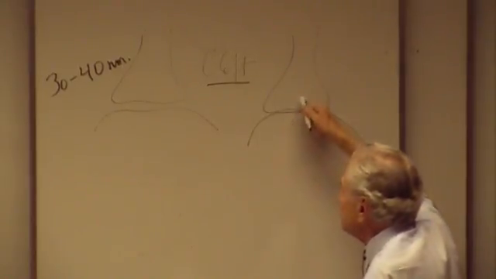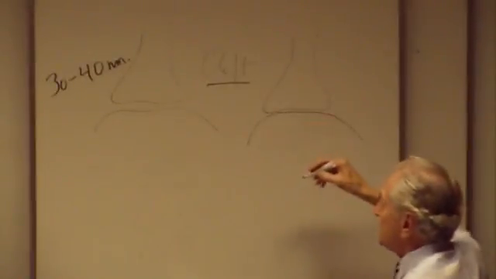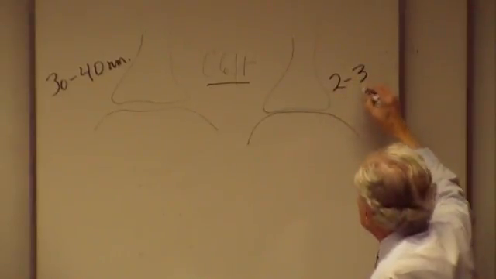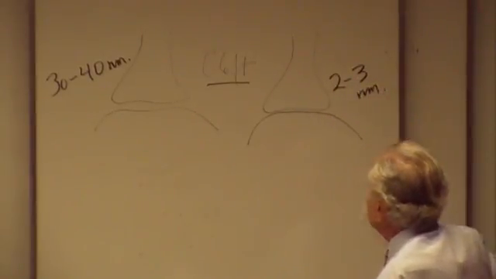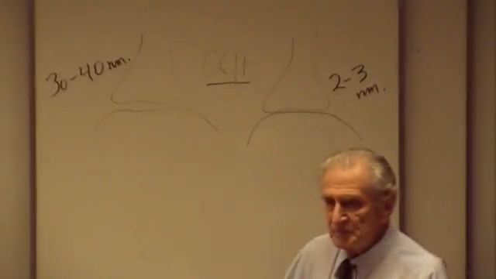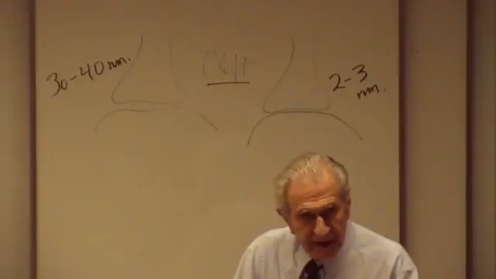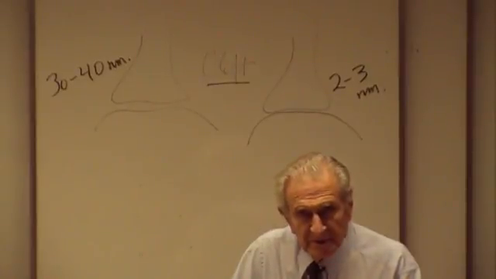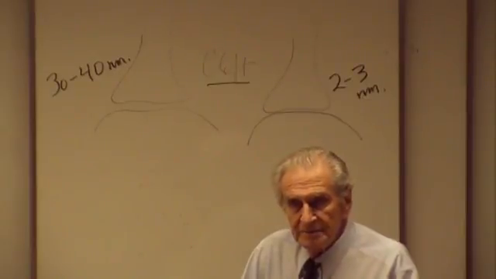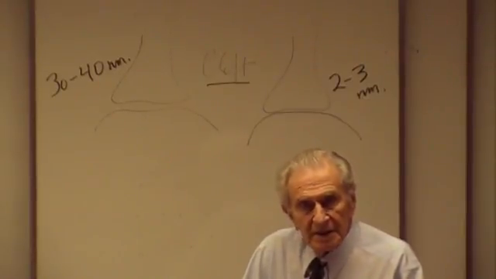The synaptic cleft of the electrogenic synapse is usually of the order of 2 to 3 nanometers. We call this a gap junction also. So the terms gap junction and electrogenic synapse are synonymous.